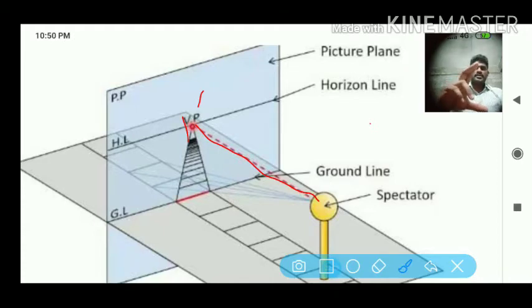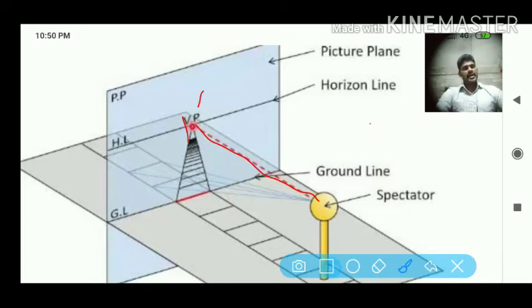At a finite distance from the center point, from the object to the center point, all lines are converging. This type of projection is called perspective projection, where the spectator observes the lines converging, and the point where he couldn't see any further is called the vanishing point.